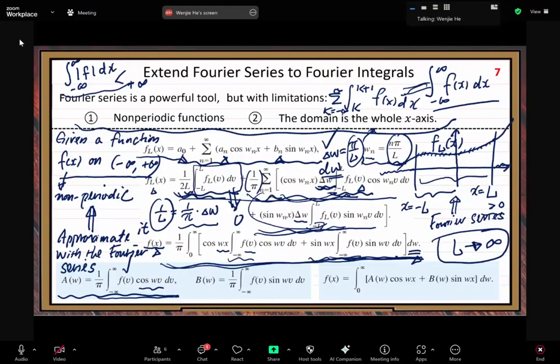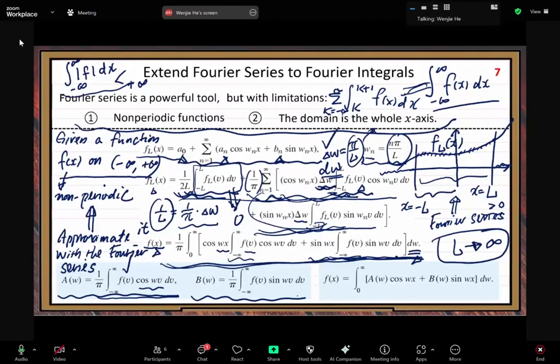So capital A of w can be calculated from the given f function. Similarly, the capital B function can be calculated from the given f function. After that, capital A and capital B are both known functions. We can use these two functions in our final formula.